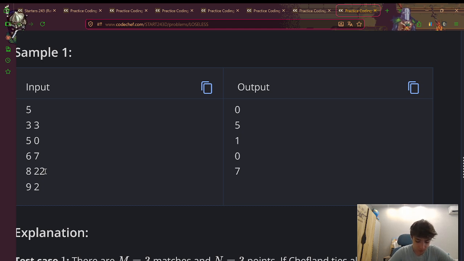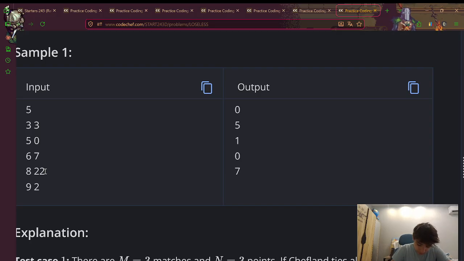I already won this. Then for example, 3 and 4. If I win one time, then I lose. No, for example, if I win, yeah, there's also one loss.